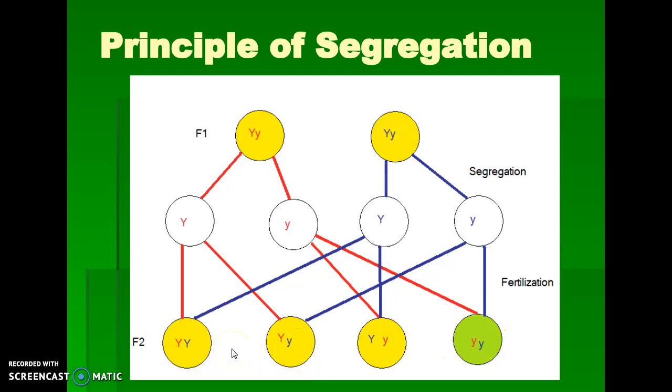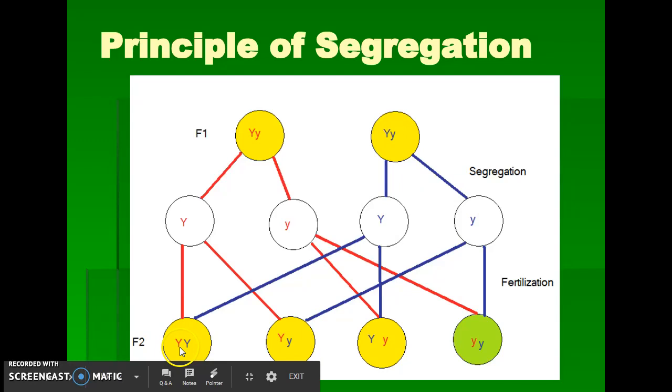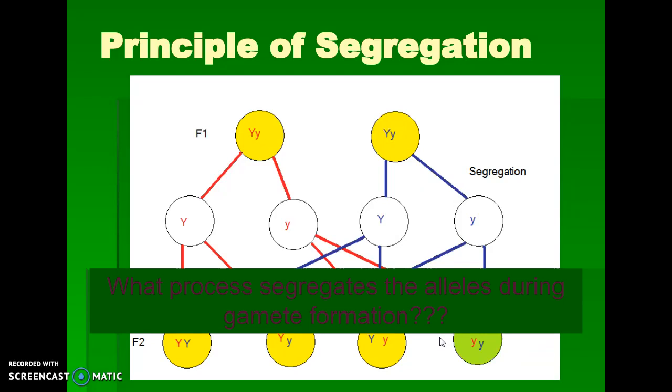Now, if we relate that back to our purple and white flowers, we would see if dominant's purple, which it is, purple here. Now, there's a purple and a white, but the purple will be expressed, and here our white will be expressed. That gives us our 3-to-1 ratio that we saw earlier. And of course, what process segregates the alleles during gamete formation?